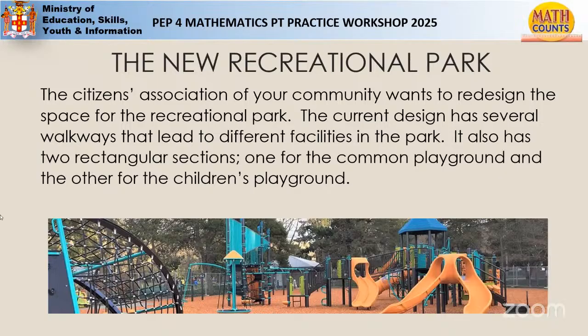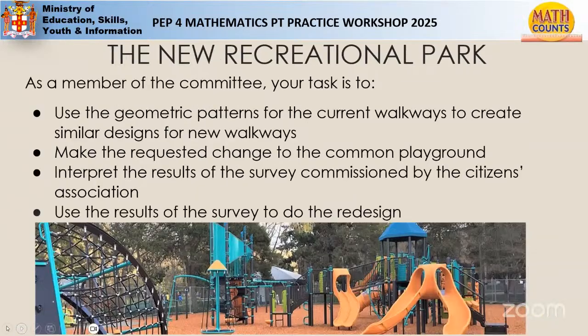Now, let's go. So for the first part, as a member of the committee, your task is to use the geometric patterns for the current walkways to create similar designs for new walkways, make the requested change to the common playground, and interpret the results of the survey commissioned by the Citizens Association, and use the results of the survey to do the redesign.